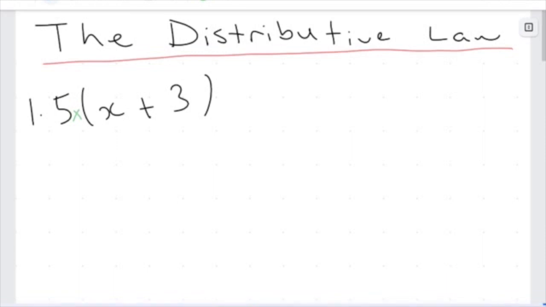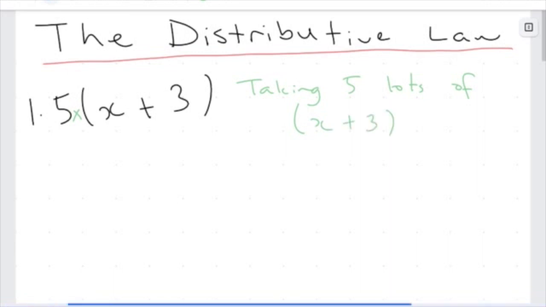We're going to be talking about this same similar kind of idea when we do the distributive law or expanding these actual brackets. So all I'm essentially saying is I'm taking 5 lots of this number x plus 3. We don't know what the number x plus 3 is, but we know that when I write it in this particular way, I'm taking 5 lots of that.